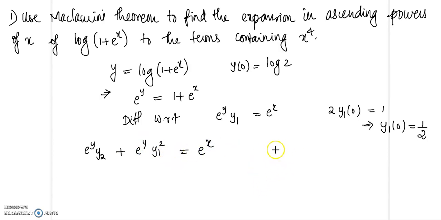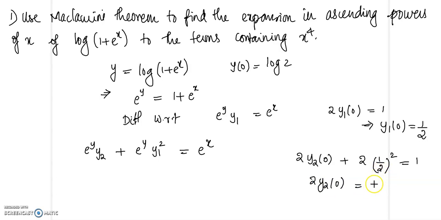Now again when x is 0, e raised to y at 0 is log 2, so again 2 varum. 2y2 at 0 plus 2 y1 at 0 എന്ന് പറയുന്നത് 1 by 2 ആണ്. അപ്പോൾ 1 by 2 whole square വരും. That will be equal to e raised to 0, which is 1. So 2 y2 at 0 will be equal to, this is again 1 by 2. So y2 at 0 is going to be equal to 1 by 4.